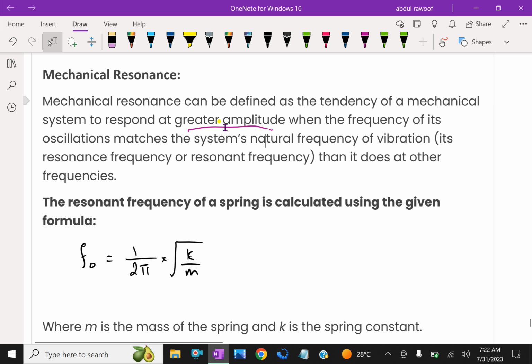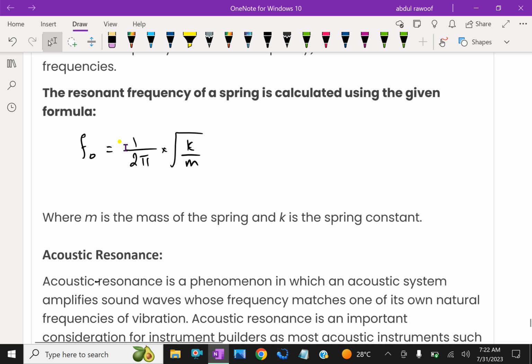The resonant frequency of a spring is calculated using the formula F0 equals 1 over 2 pi times root of k by m, where m is the mass of the spring and k is the spring constant.